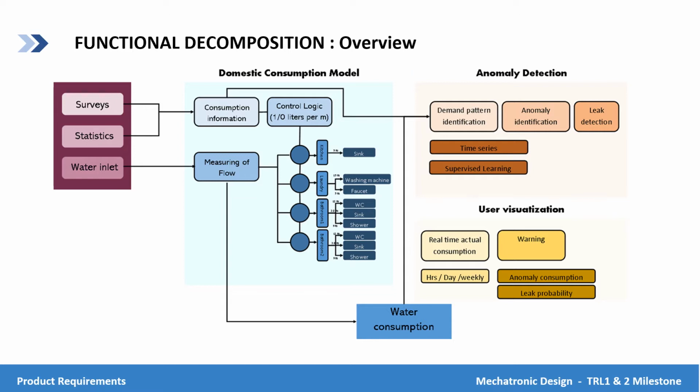After the data is created, the anomaly detection process comes next, in which demand pattern identification and anomaly identification take place, exploring the efficiency of different tools in MATLAB. Finally, the user visualization will show the real-time actual consumption, and also a warning function for the probability of leaks.